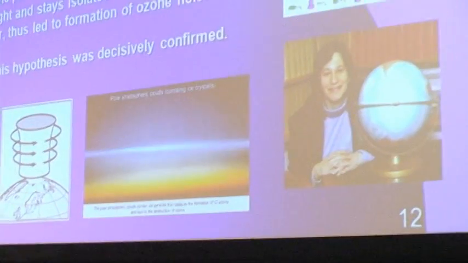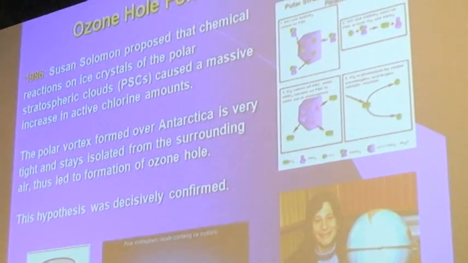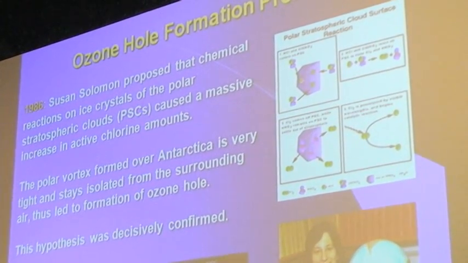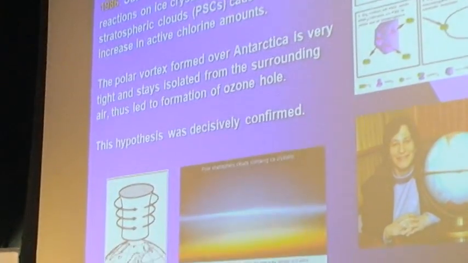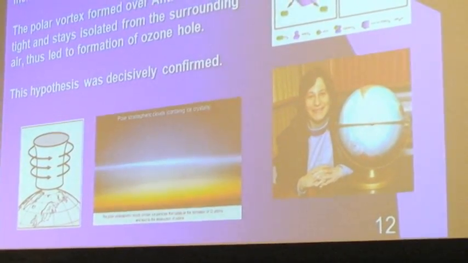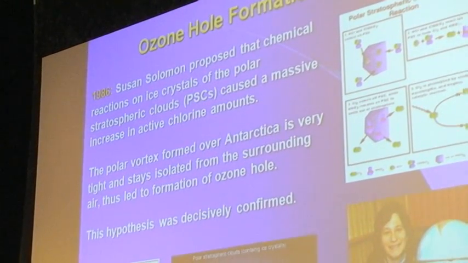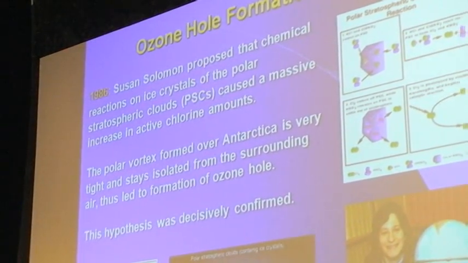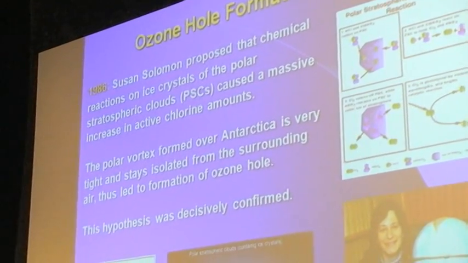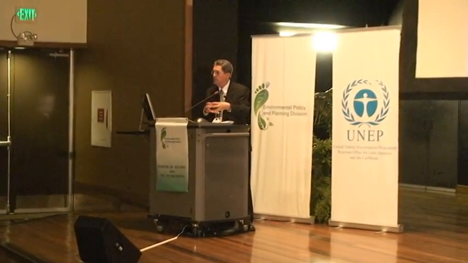She discovered that under cold temperatures there was the formation of crystals, the polar stratospheric clouds, which were like a surface on which ozone was trapped, and one chlorine molecule could become a serial killer on top of these crystals. This was the first explanation of why the depletion was so huge in the Antarctic.